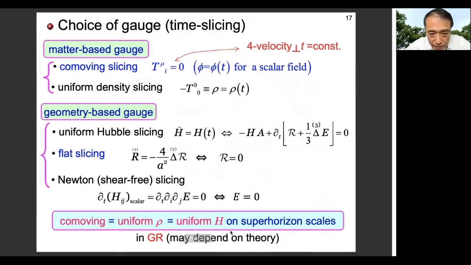That's why you have this essentially equality on very large scales.